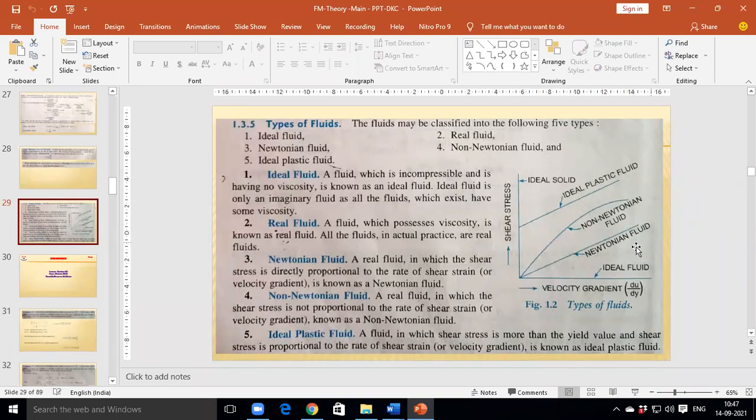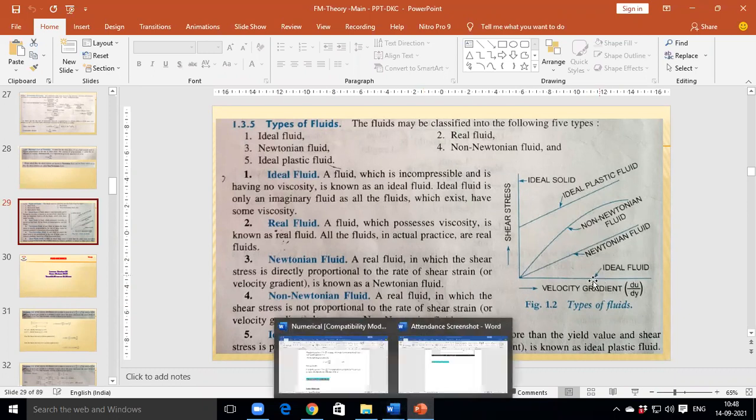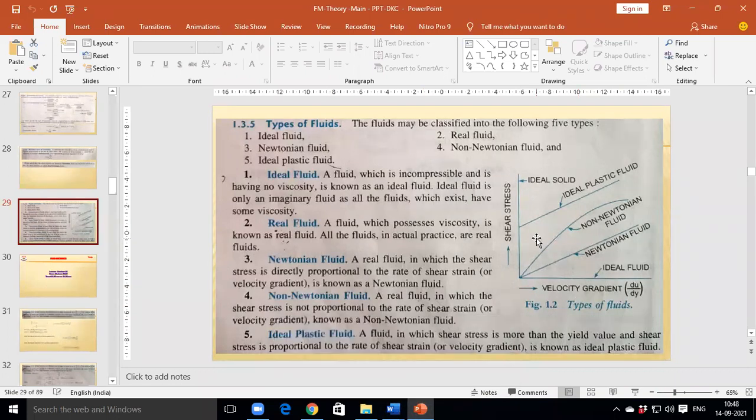Understood the difference between Newtonian fluid and non-Newtonian fluid? Yes, sir. Tell me, for a non-Newtonian fluid, what is the relation between shear stress and velocity gradient? Is it directly proportional or not? Not.